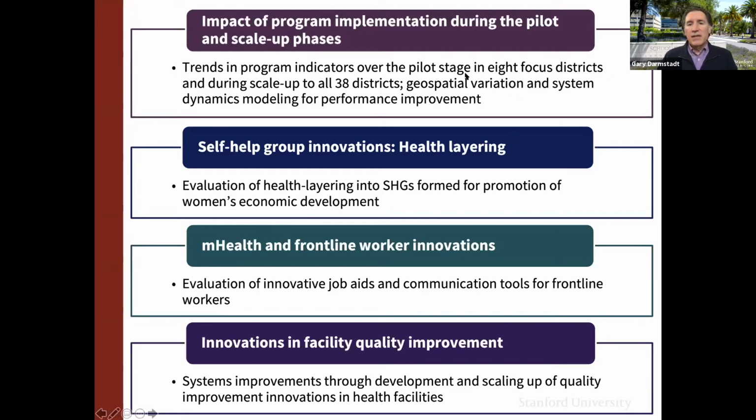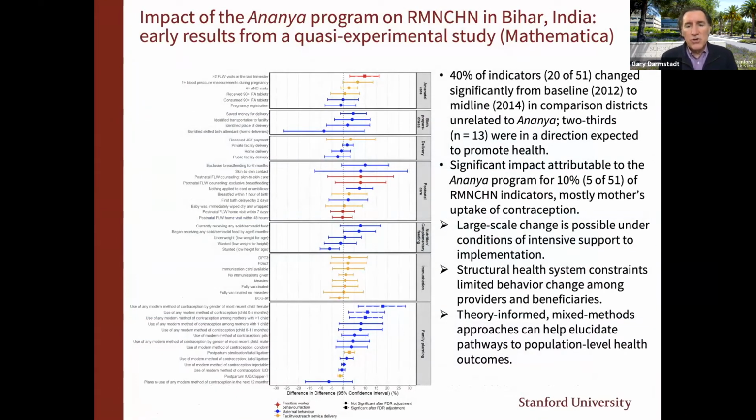And then at the end, we'll be talking about some of the more forward-looking work that we're doing, trying to zero in on how to be more precise in the delivery and the evaluation of a program such as this. So our first set of results are shown here, the Mathematica survey that I've described.